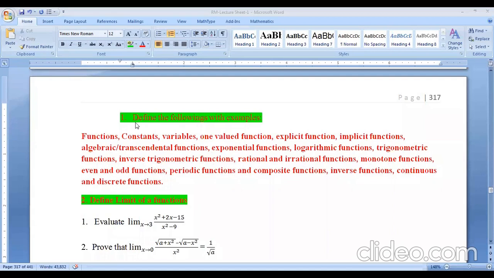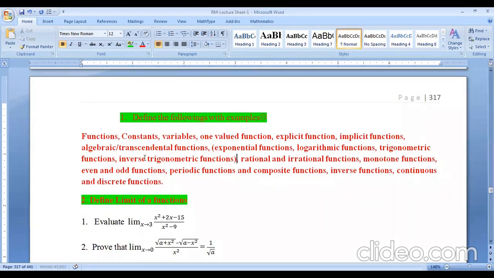Now we'll learn to define the following with examples: functions, constants, variables, one valued function, explicit function, implicit function, algebraic and transcendental functions, exponential functions, logarithm function, trigonometric and inverse trigonometric functions.